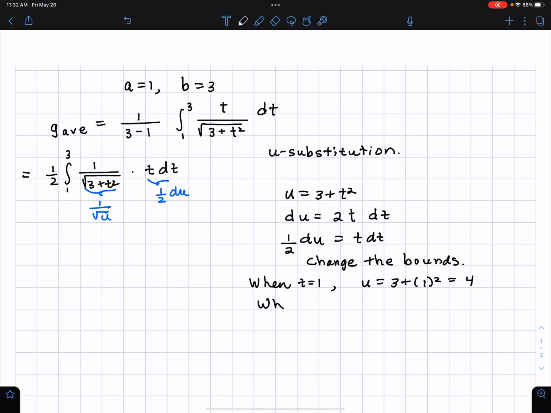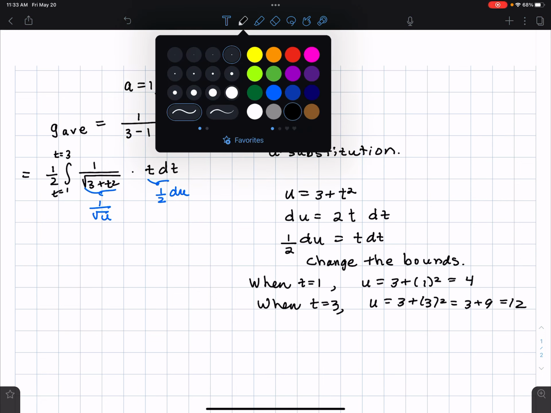And when t is equal to 3, the upper bound, u is equal to 3 plus 3 squared, which is 3 plus 9, which is 12. We can change those t values to u values.